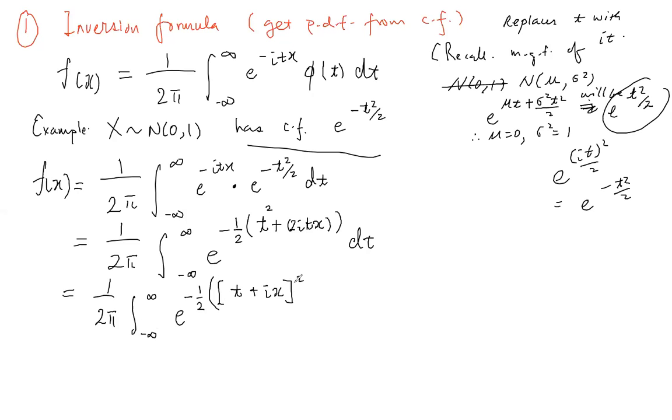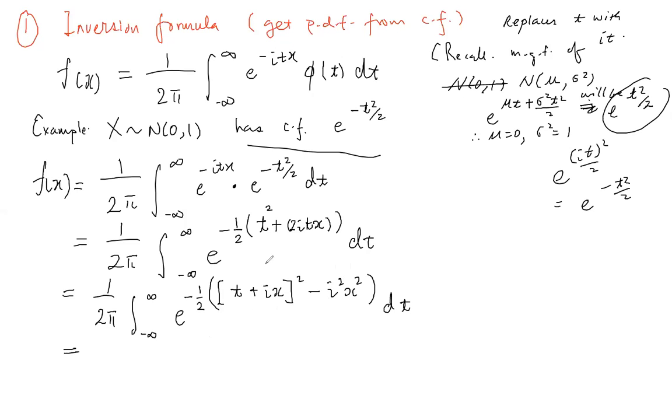But then you get an extra term, which is i squared x squared. So you have to get rid of that by cancellation. But this actually helps you because this term here does not involve t, so that's why you can take it out of this integral. That's the idea of the completing the square method.